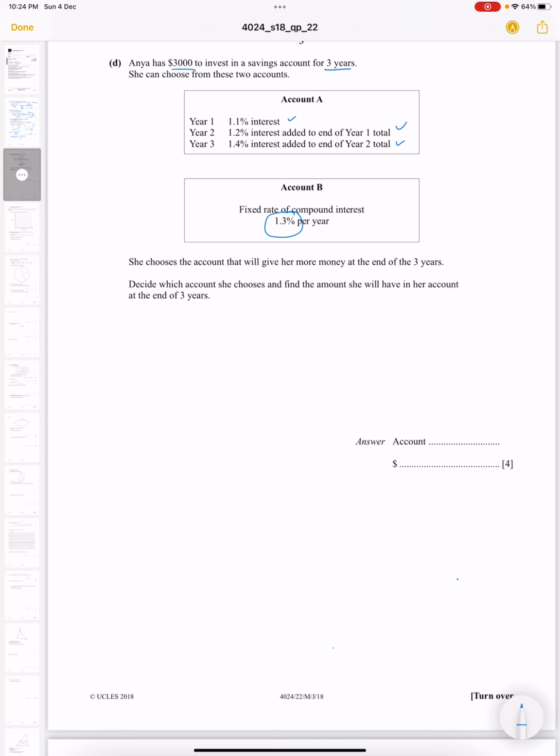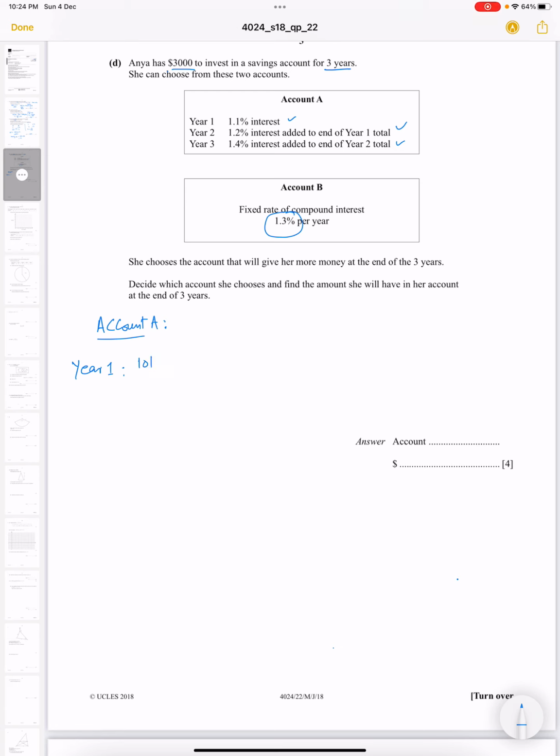Since the principal amount is $3,000 and time is 3 years, let's figure out the scheme of account A. At the end of year 1, she will receive 1.1% more.